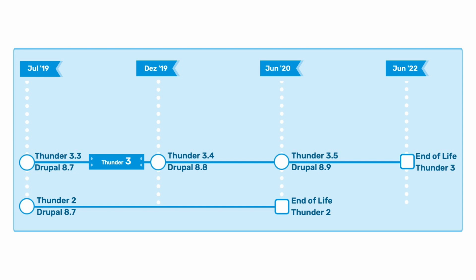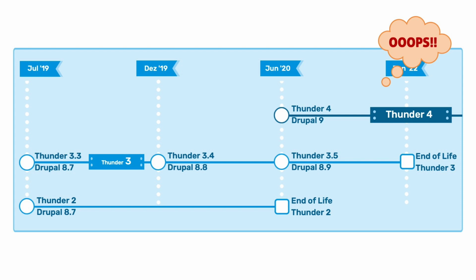Similarly, we will have a parallel maintenance lifetime for Thunder 3, because we know Drupal 8 will be end of life sometime, and Thunder 3 will also end of life in June 2022. I'm sorry, 2022, of course.